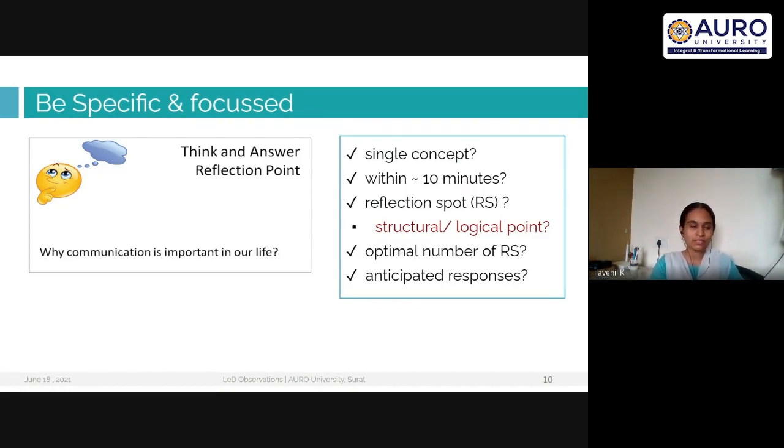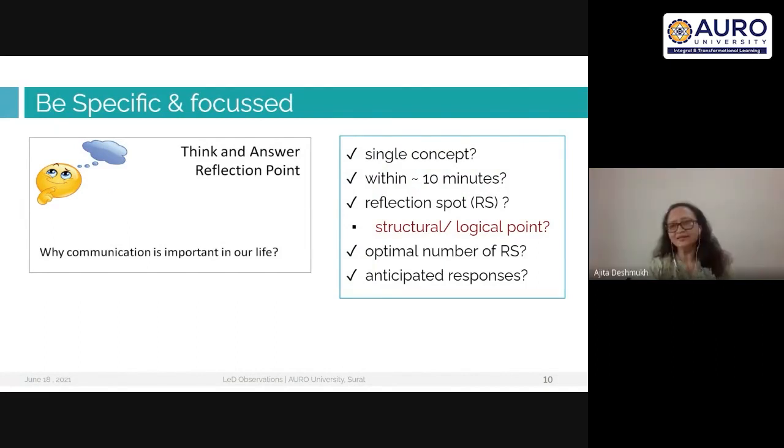Because all of us sort of perceive that communication is important in our life. So when we say why, it is an ideal icebreaker question. But is it a reflection spot where it ties up with the content of the script? That is where we had a question.